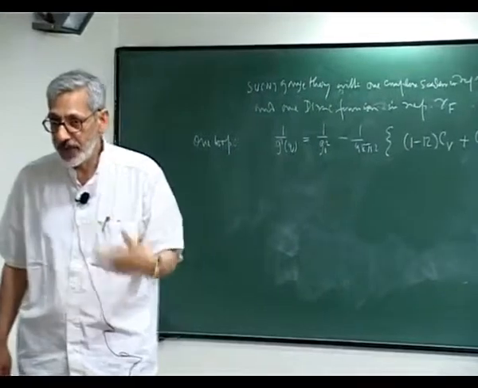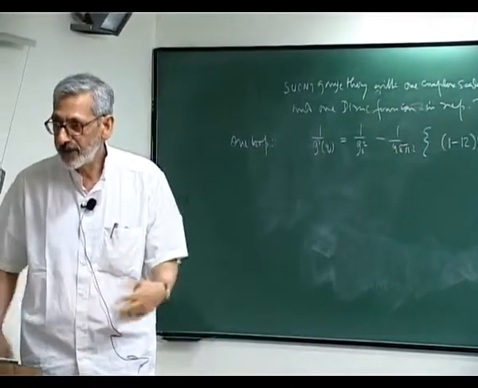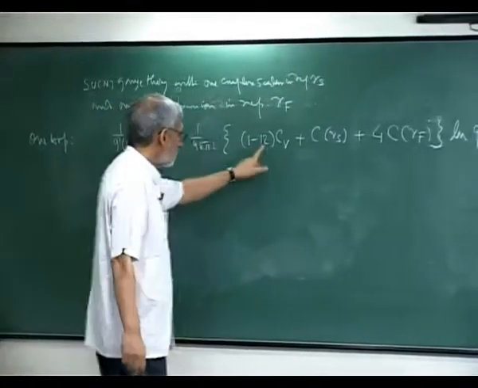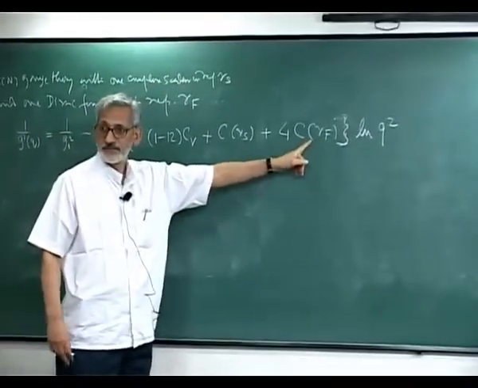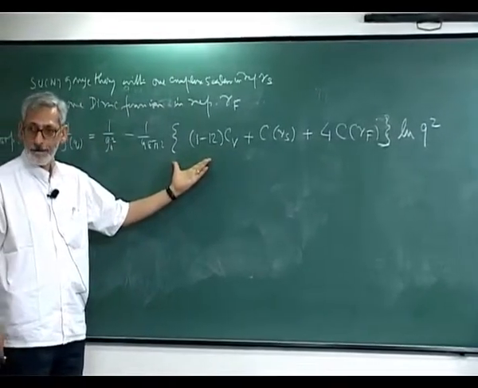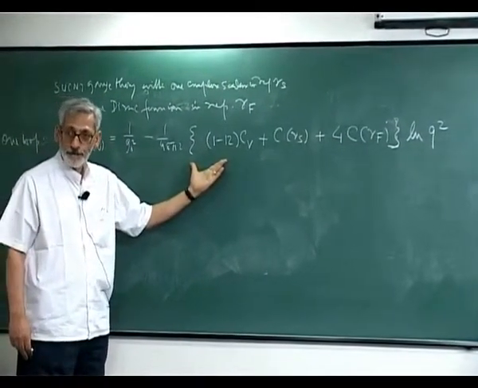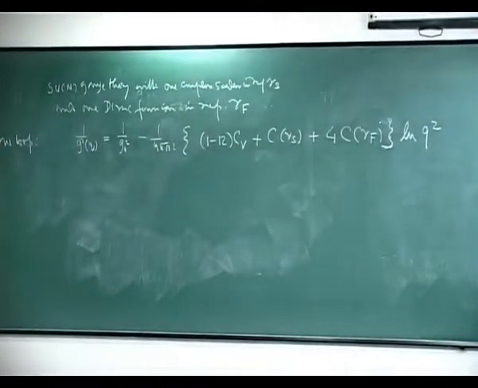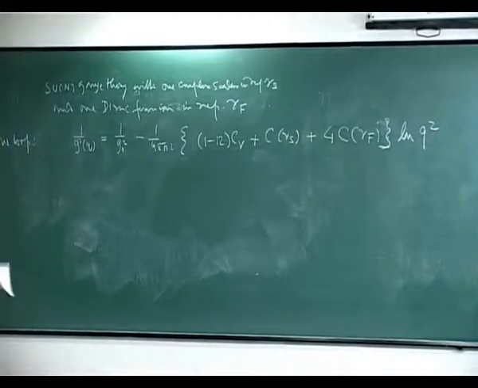So the absence of asymptotic freedom in an abelian theory is clear from here, and it is there in the non-abelian theory because this object can beat over this and change the sign of this term. So from here let me write down what we call the beta function.